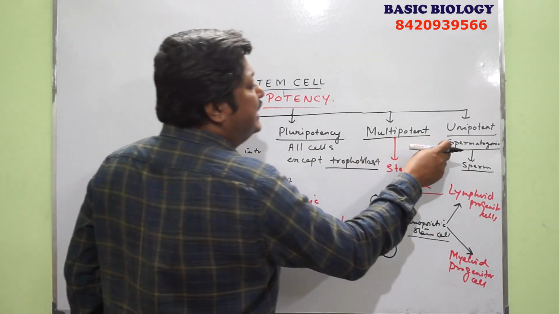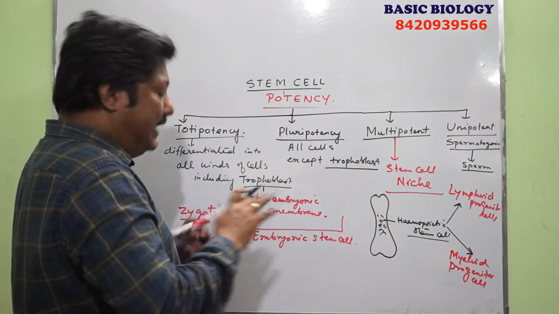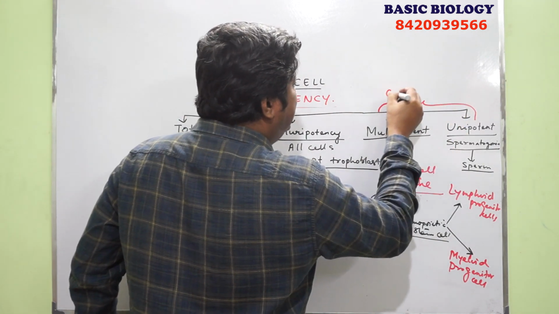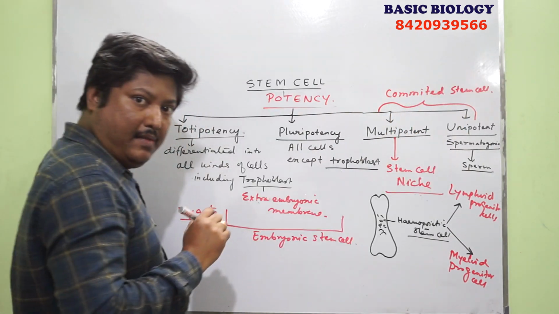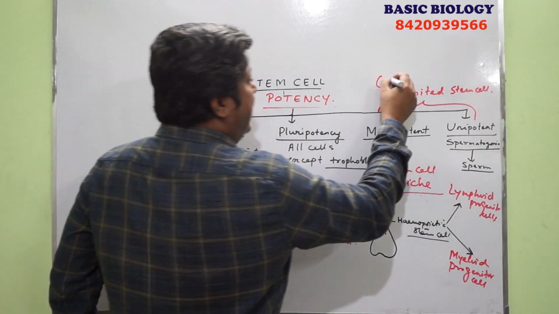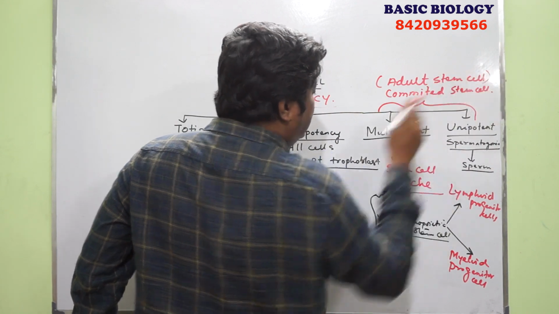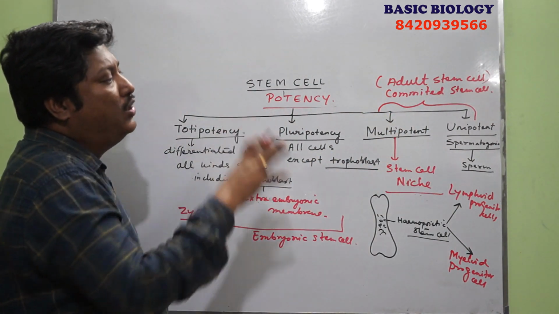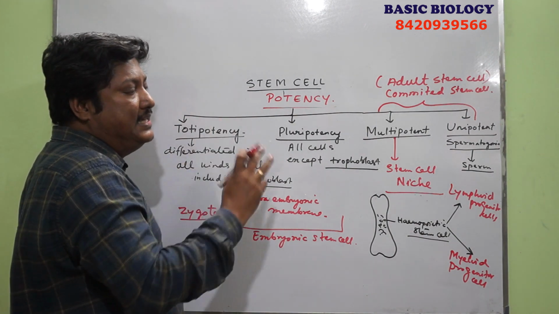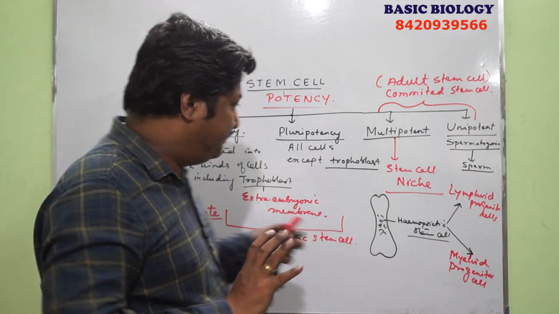That's why this is known as a unipotent stem cell. And the multipotent and unipotent together are known as committed stem cells, and they are also together known as adult stem cells, because they are located in a particular stem cell niche, and their commitment is limited to a small subset of cells.